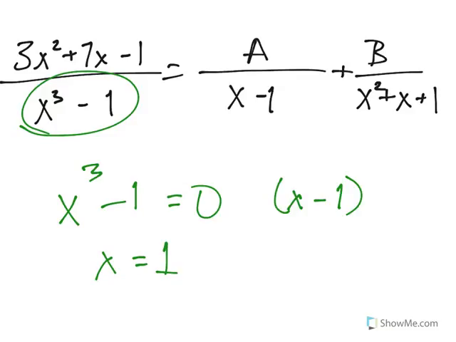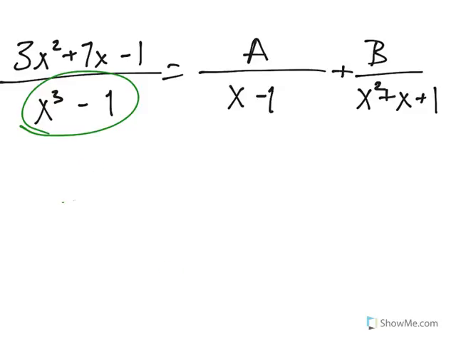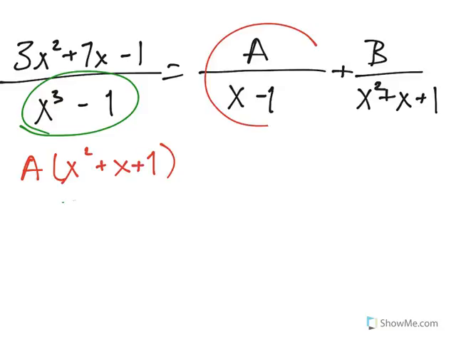We want to find A and B just like we did in the previous example. So we have A times x squared plus x plus 1. Remember that you need to multiply this first term by x squared plus x plus 1 in order to get x cubed minus 1. And if you multiply the denominator by that, you must also multiply the numerator.